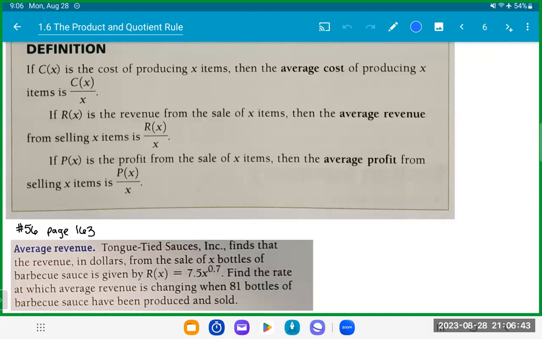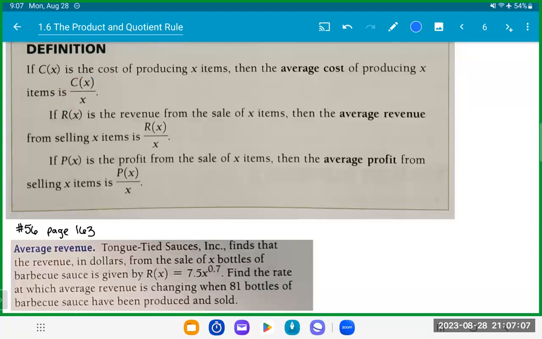Basically what this is telling us is if we have the cost function, it's really the cost of producing some number of items, then the average cost of producing them is the cost divided by the number of items I produce.